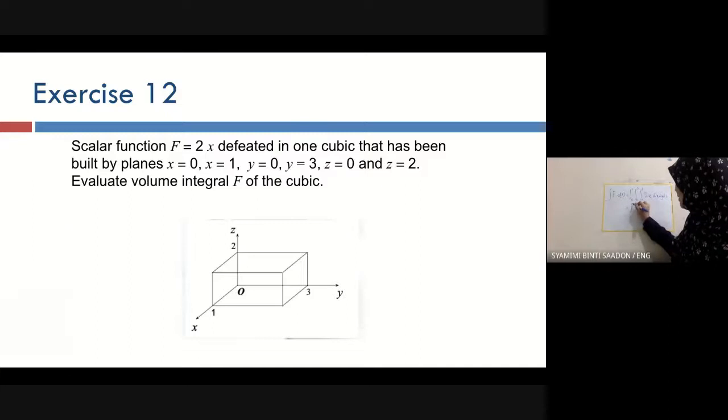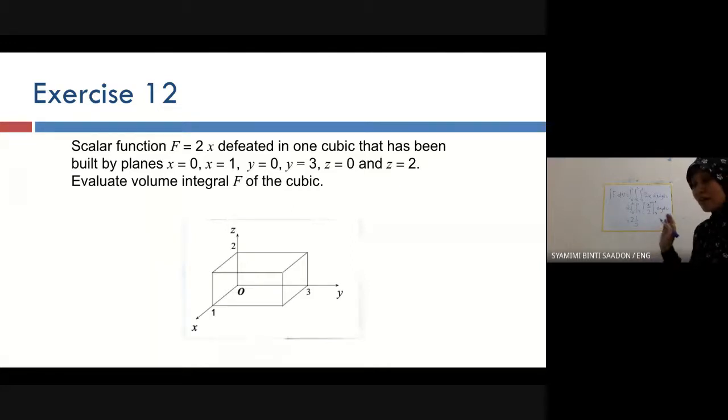So for 2x, it is 2 times x square over 2, and the range for x is 0 till 1. So we have 1 over 2 times 2.